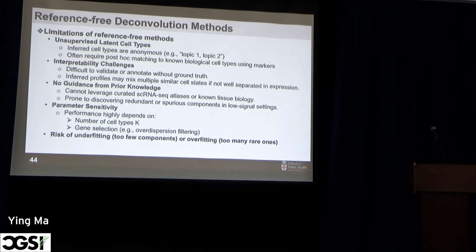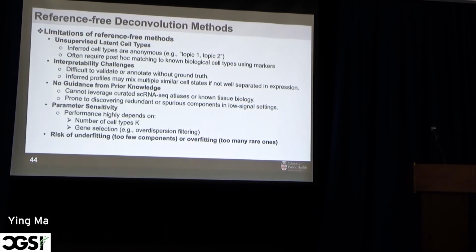So they often require post-hoc matching to known biological cell types using gene markers. So you still need to rely on some prior knowledge to annotate the topics and match them to the cell types. And there are also some interpretability challenges. It's difficult to validate or annotate without ground truth.